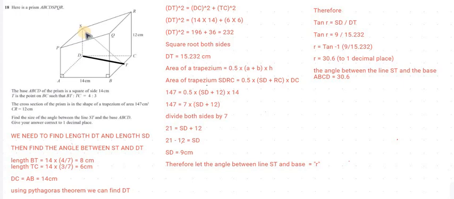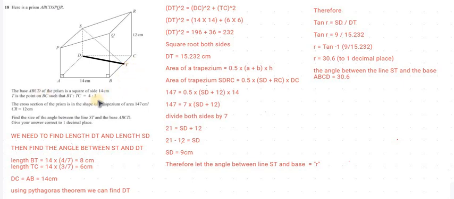We just need to find those two lengths, and then we can use trigonometry to find that angle, and that angle will represent the angle between the line ST and the base. Okay? Because DT is the line on the base, and it's the line that connects T back to this. Okay?